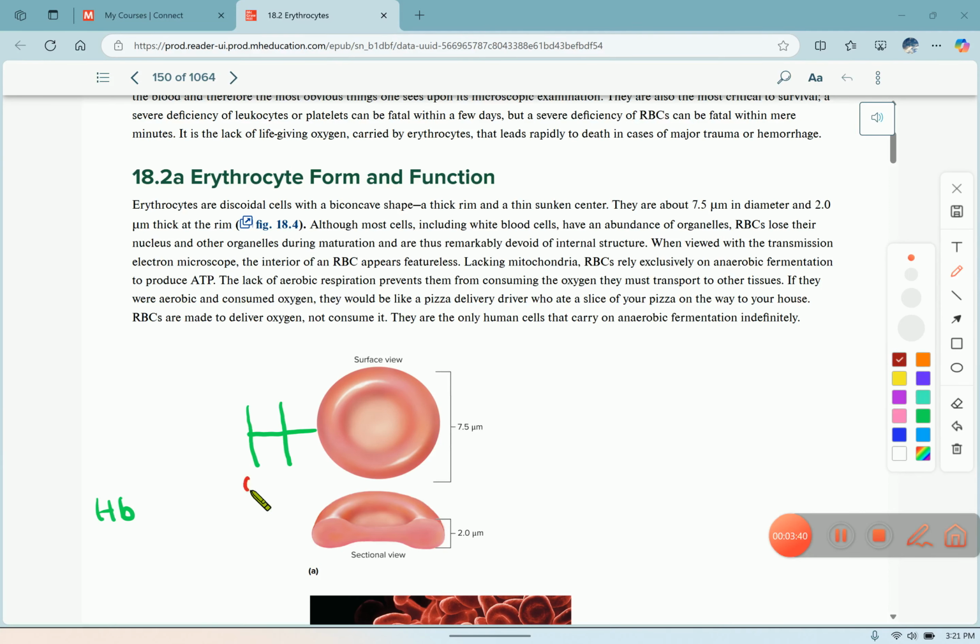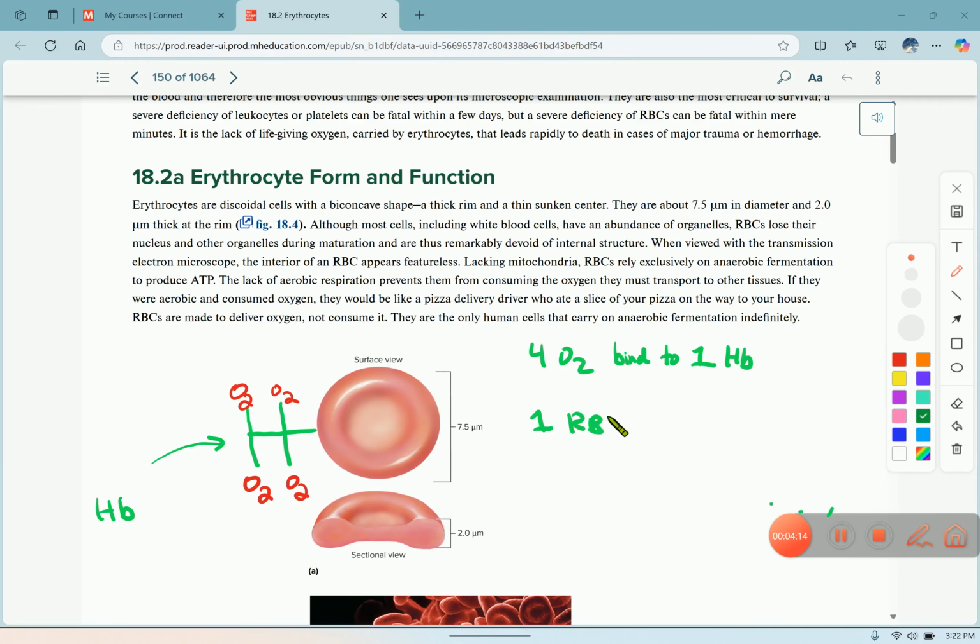Four oxygen can bind to one hemoglobin. The green that you see here is my representation of a hemoglobin with 4 binding sites. So 4 oxygen can bind to 1 hemoglobin.